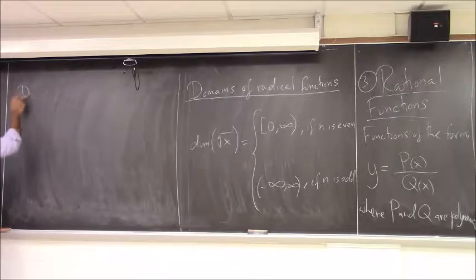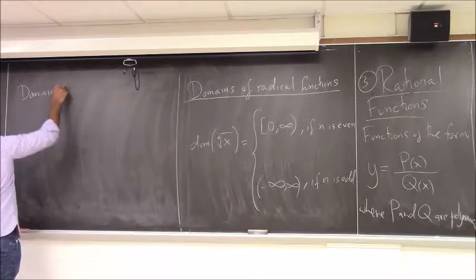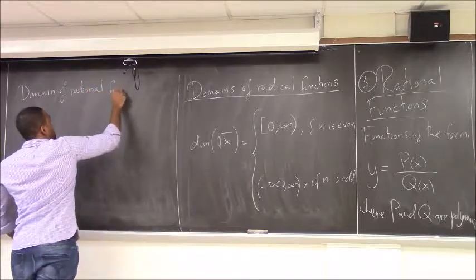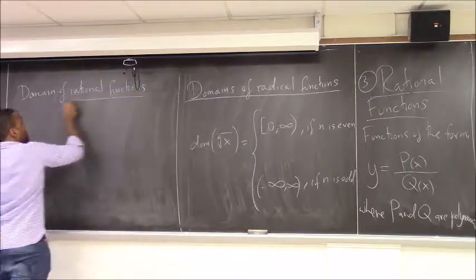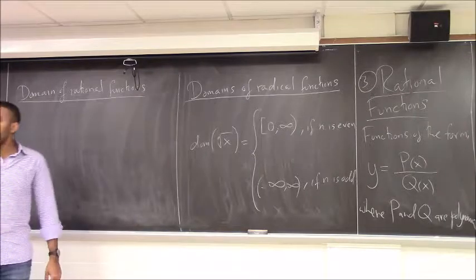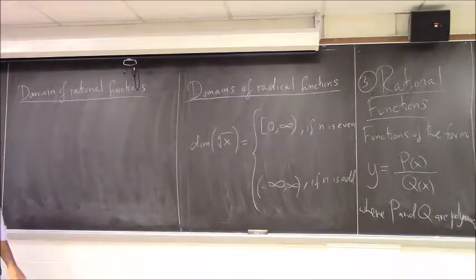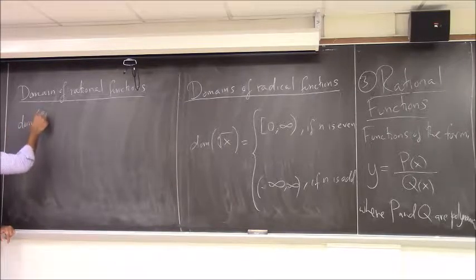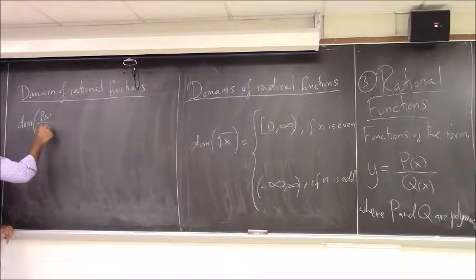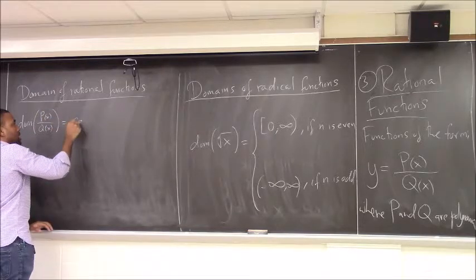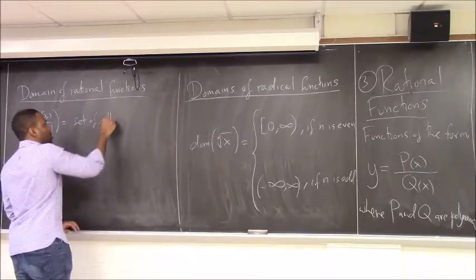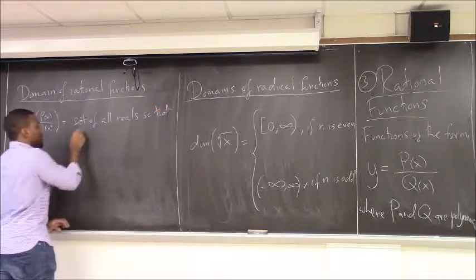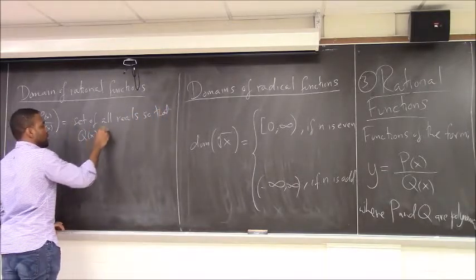What about the domain of rational functions? Any number x such that q is unequal to 0. Right, so the domain of p of x over q of x is the set of all reals so that you cannot divide by 0: q of x is not equal to 0.